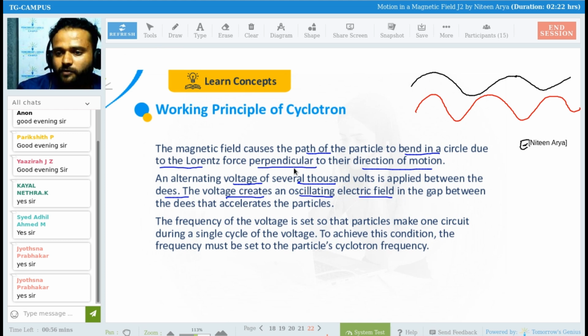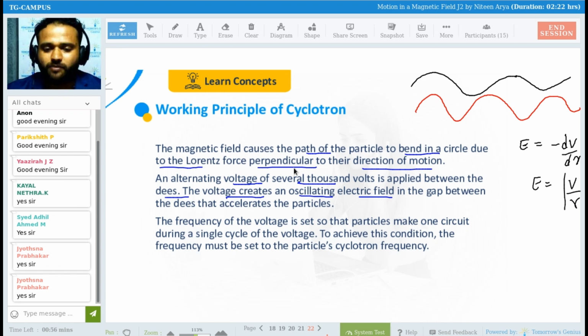Okay, simply why so? Because E equals minus dV by dr. And if I am doing this simply for magnitude, that is V by L, or here the dimension of D, or the radius, is going to alter every time according to the path, according to the position of a charged particle.